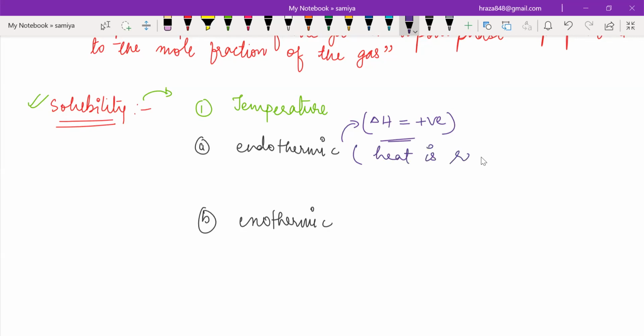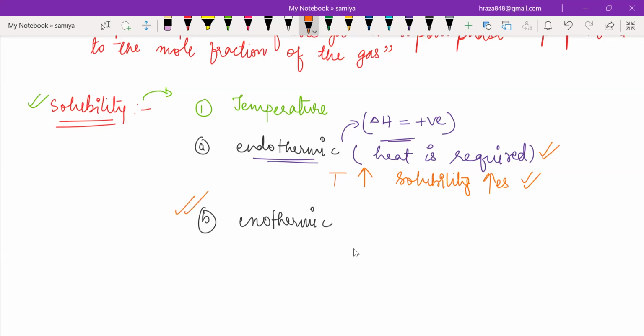So if you are going to dissolve something and that process is endothermic, heat is required. If you increase the temperature, heat is indirectly given to the system. That's why solubility here increases.